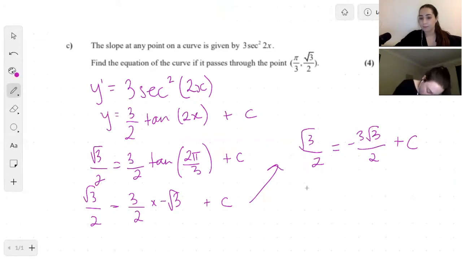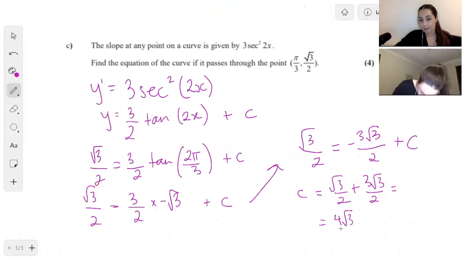So root 3 on 2 plus 3 root 3 on 2, that's nice, and then c. So that equals 4 root 3 on 2 equals c. I forgot how to collect like terms.